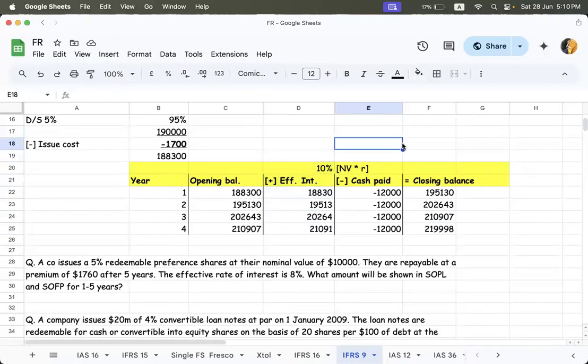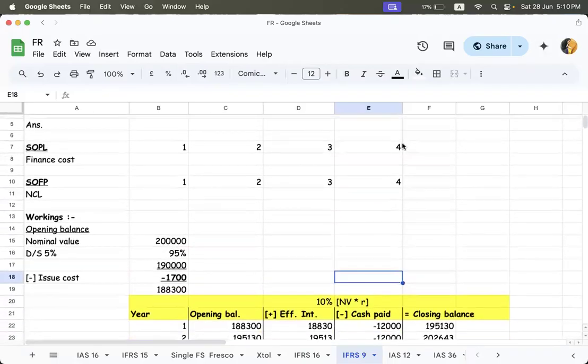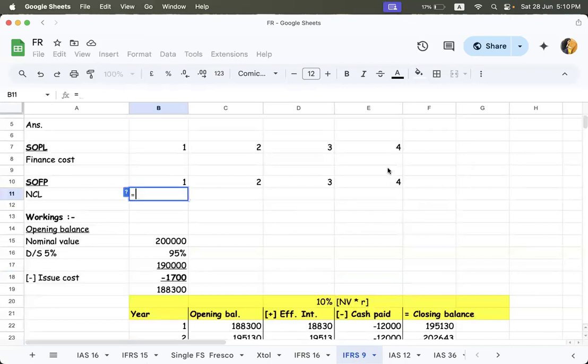So the NCL part goes to here. That is all the closing balances.